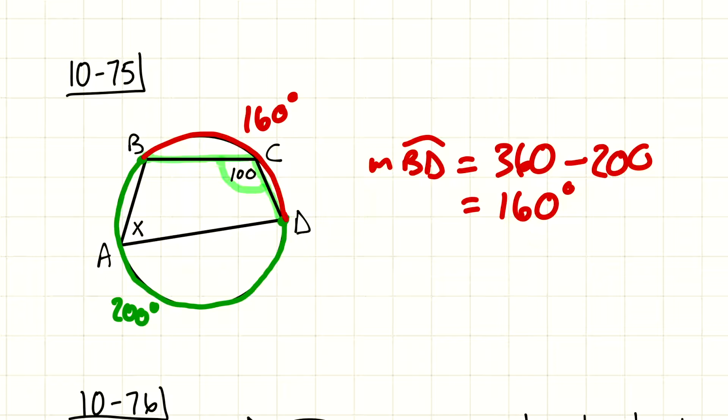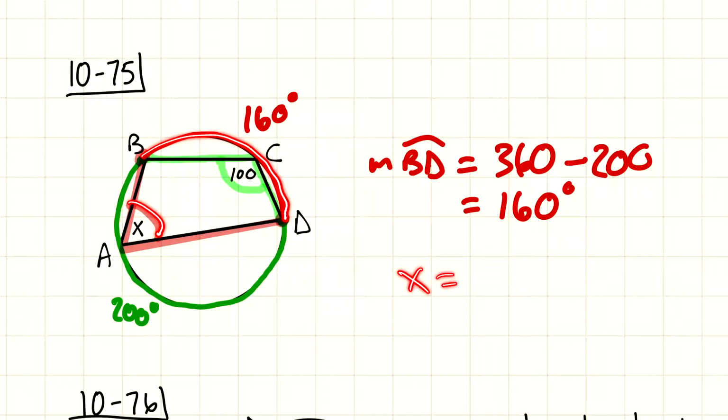Well, you'll notice also that if I focus on B and D, this happens to be the arc that connects to this angle X. So now, what's the relationship? If arc BD is 160, what does X equal?